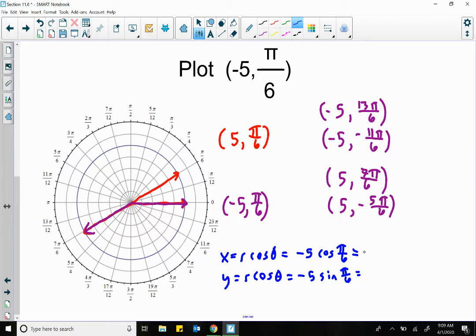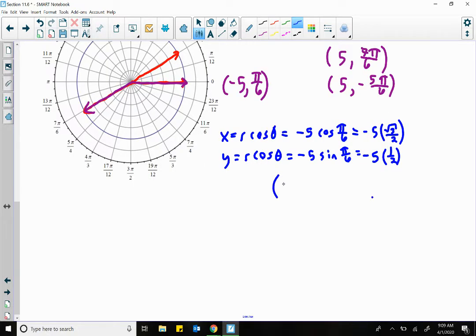Well, we're going to take -5, and cosine pi over 6 is square root of 3 over 2. Sine pi over 6 is 1/2. So we end up with the following rectangular point. We get -5 square roots of 3 all over 2. And we get -5 halves. Okay?